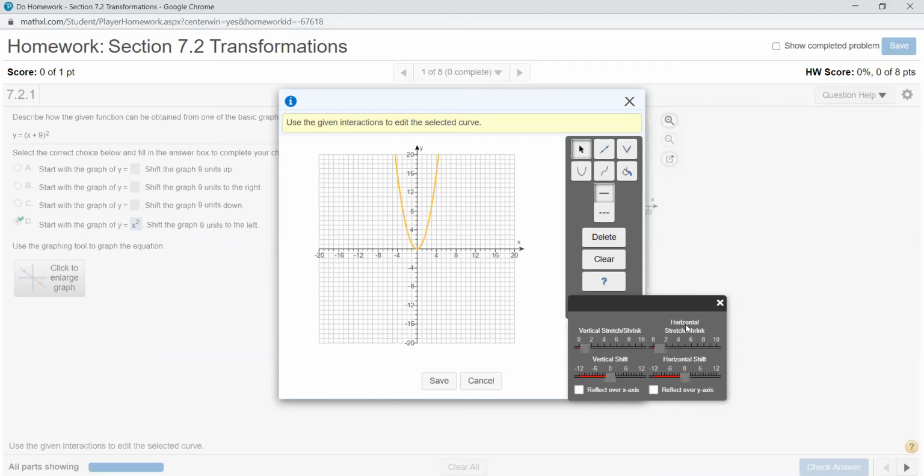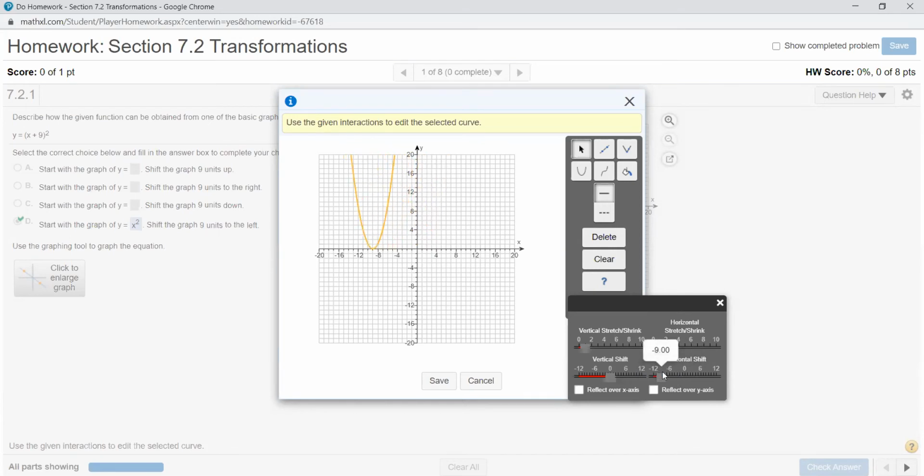And then come down here, we're not ever doing any stretches or shrinking. It's always shifts, either vertical or horizontal shift. And you're going to tell it where to move that U shape. So since we're moving it to the left 9, see what it's doing to the yellow parabola?